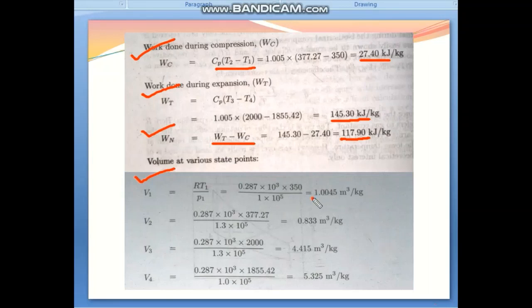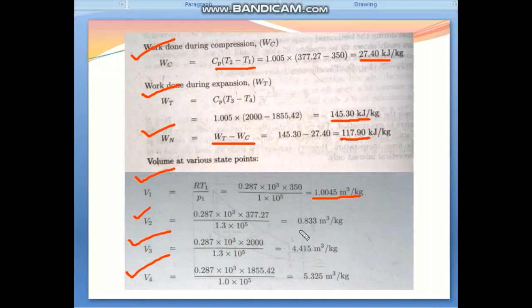So that becomes 1.0045 meter cube per kg. Similarly, V2 is R into T2 by P3, V3 is R into T3 by P3, and V4 is R into T4 by P4.